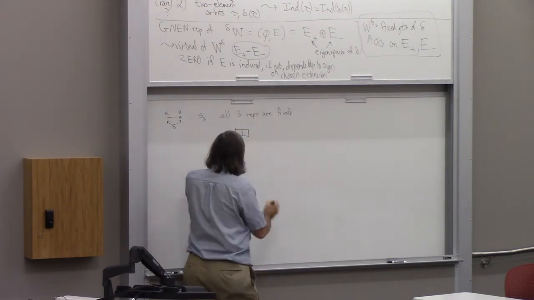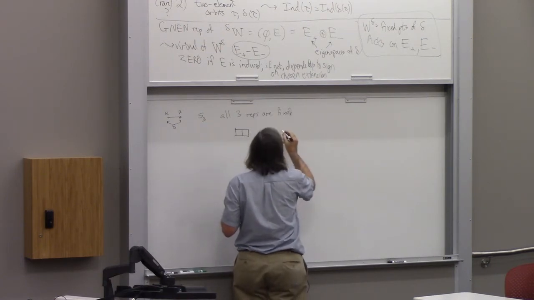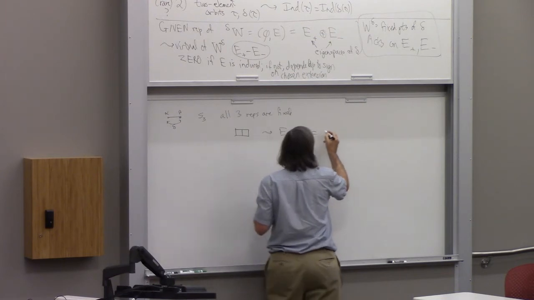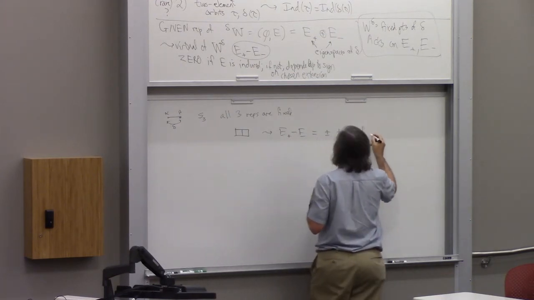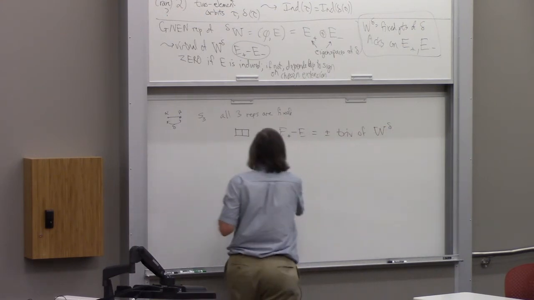In this case, E plus minus E minus is plus or minus the trivial representation of W upper delta.